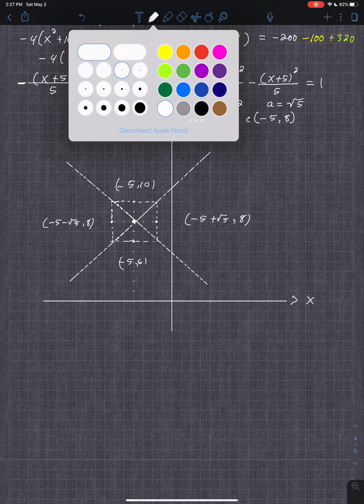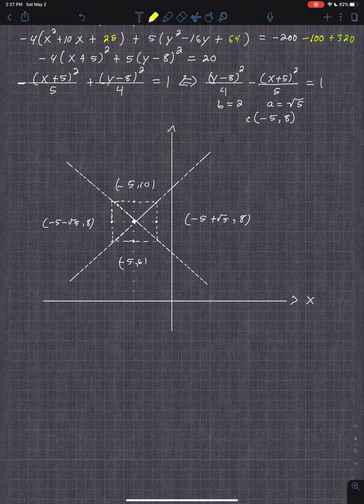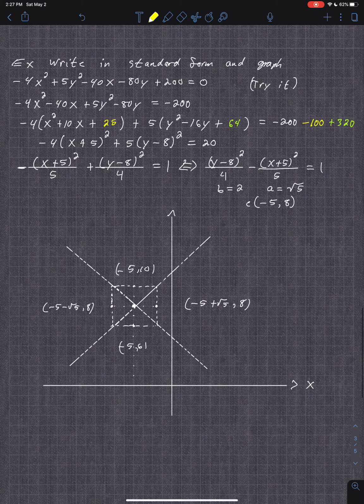And then to draw on our graph. So our graph, how did it open this time? Which one is negative? Negative is x, or I like to think positive actually. So the positive is on the y, so it's going to open along the y-axis like that. Okay, so now you draw in your, so it goes through here, and then it gets asymptotic, comes down, touches, and then goes like that.